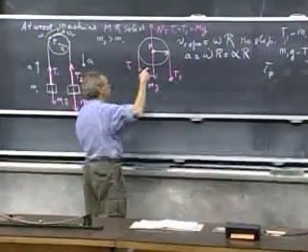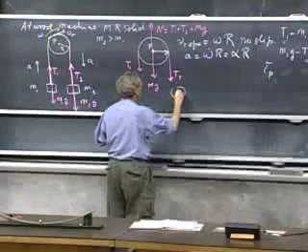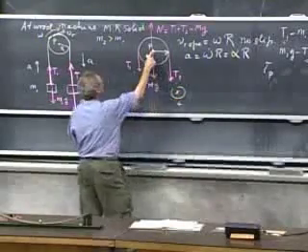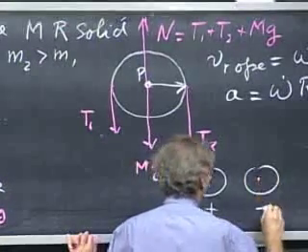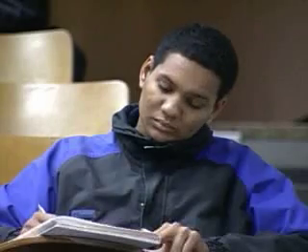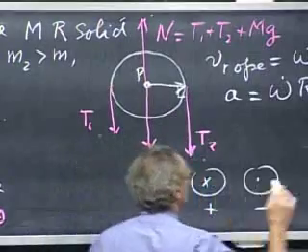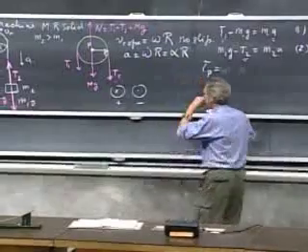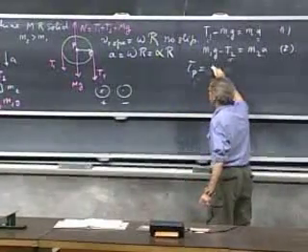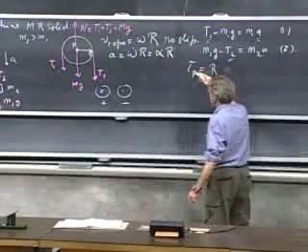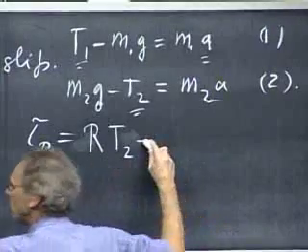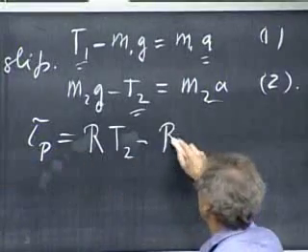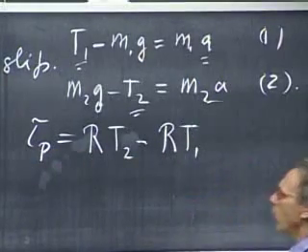That is a torque in the blackboard. What is in the blackboard I will call positive. The torque due to this force is out of the blackboard, and I will call that negative. Since this angle is 90 degrees, I simply get that the torque relative to point P equals the radius of the cylinder, radius of that pulley, times T2. That's the positive part, and the negative part is the radius times T1.